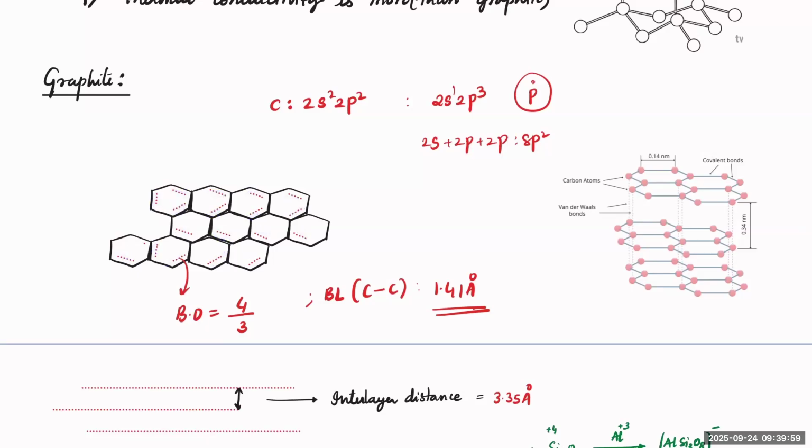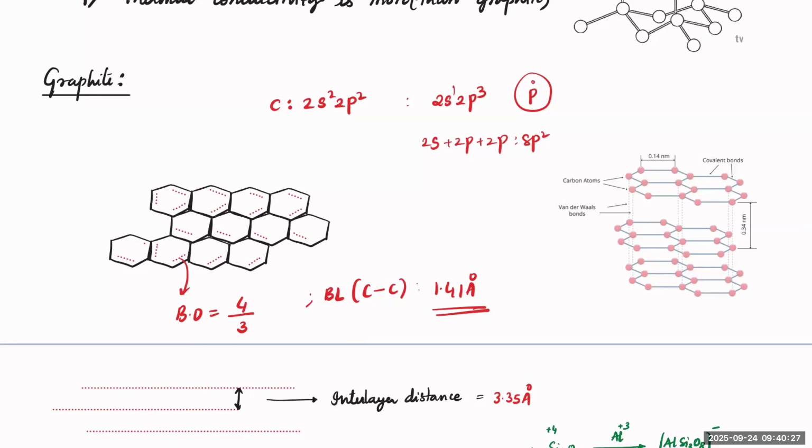So now the bond order will be 4 by 3. Out of 4 bonds here, 3 structures will have similarities like that, just like canonical structures.